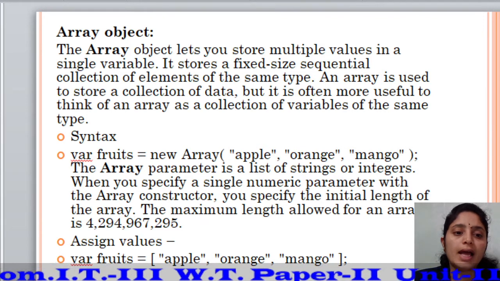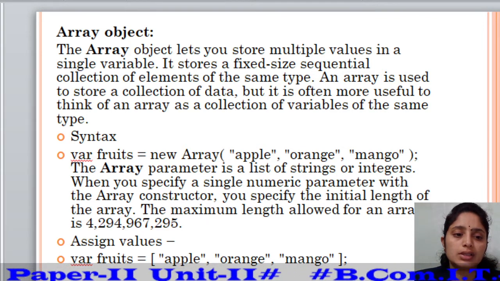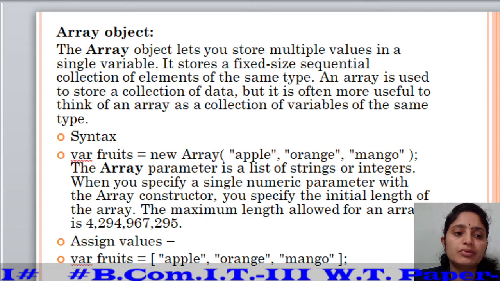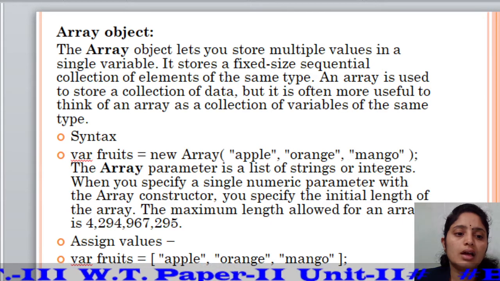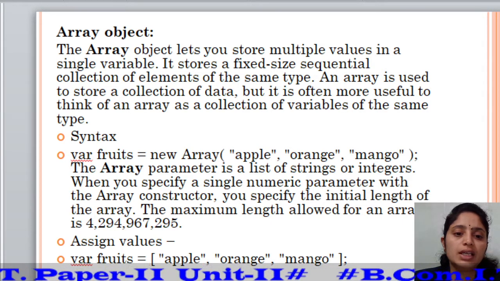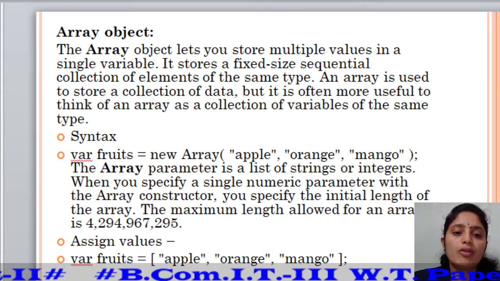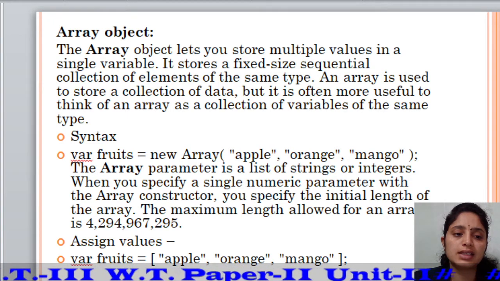The array parameter is a list of strings or integers. When you specify a single numeric parameter with the Array constructor, you specify the initial length of the array. The maximum length allowed for an array is 4,294,967,295.